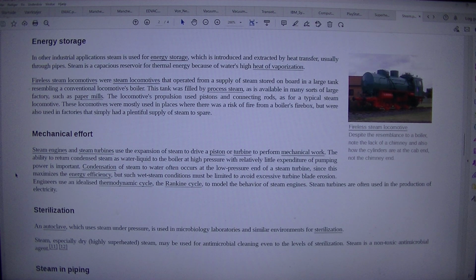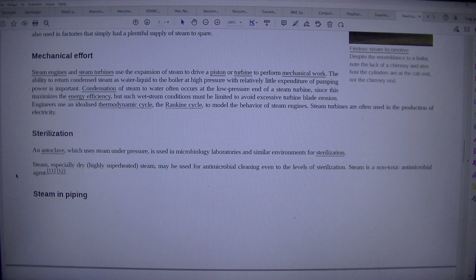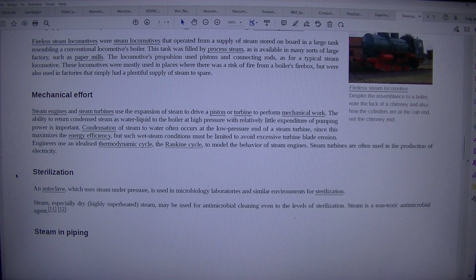Mechanical effort. Steam engines and steam turbines use the expansion of steam to drive a piston or turbine to perform mechanical work. The ability to return condensed steam as liquid water to the boiler at high pressure with relatively little expenditure of pumping power is important.